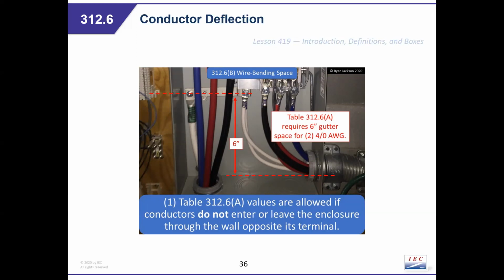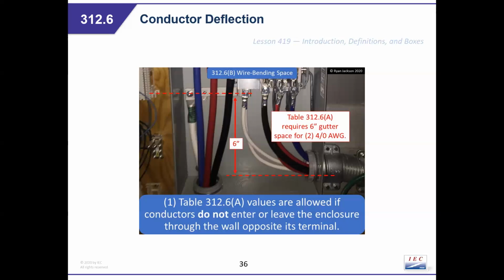Table 312.6a values are allowed if conductors do not enter or leave the enclosure through the wall opposite its terminals. Okay, I'm going to repeat that again. Table 312.6a values are allowed if conductors do not enter or leave the enclosure through the wall opposite its terminals.